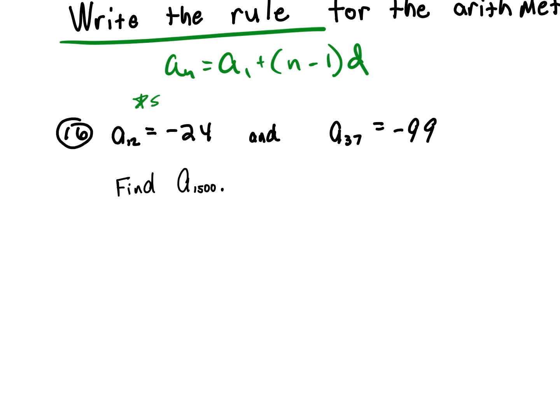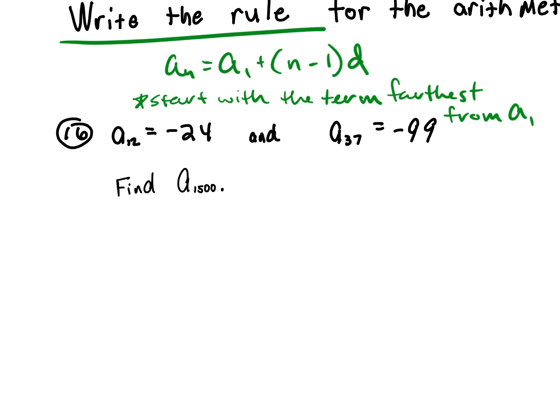But we always start with the term farthest from a sub 1, or the first term. So we're going to start with a sub 37.